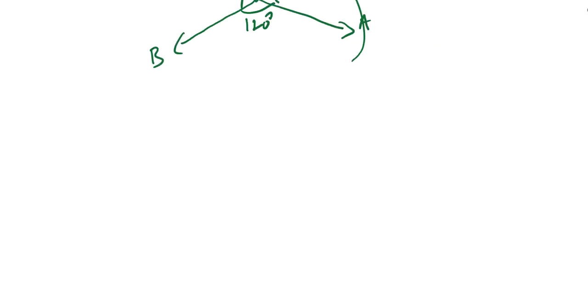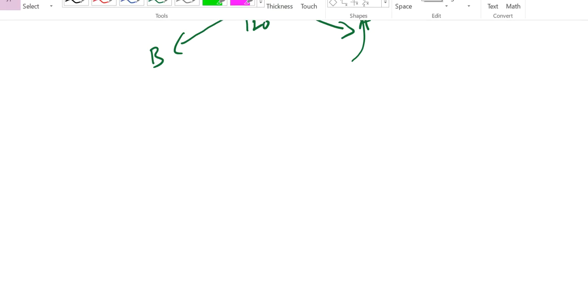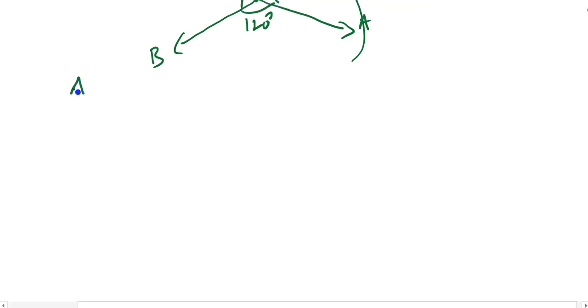Now what are the advantages of this three-phase system? Why do we actually want to go for the three-phase system rather than the single-phase system? So that is what I want to discuss here. The advantages of the three-phase system over the single-phase system.